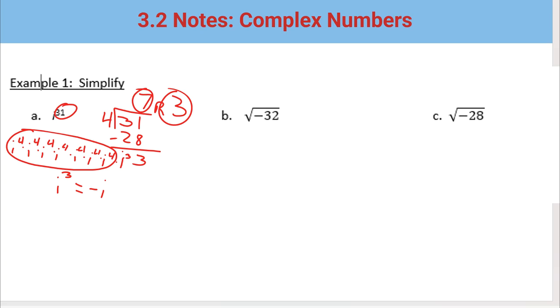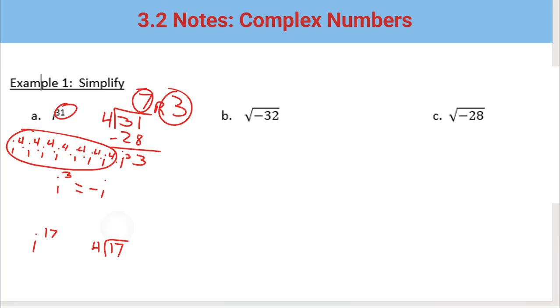Right, let's look at another example. I have i to the 17th power. Okay, I am going to take this 17 and divide it by 4.